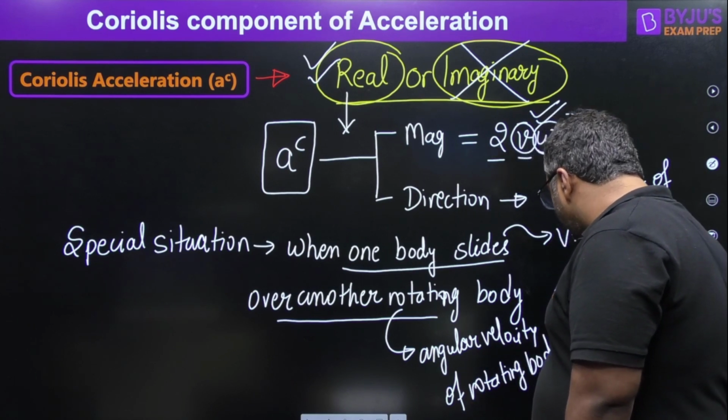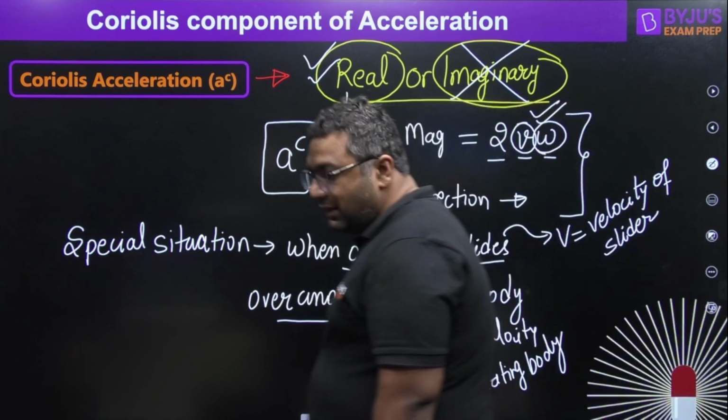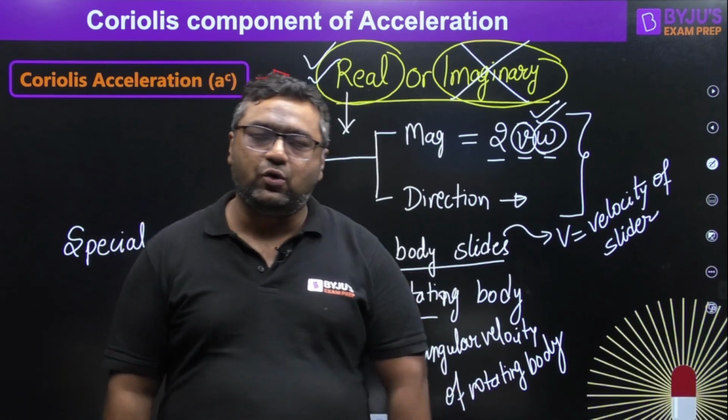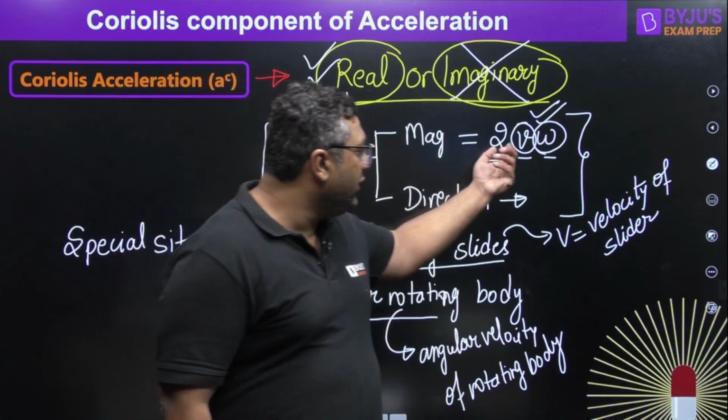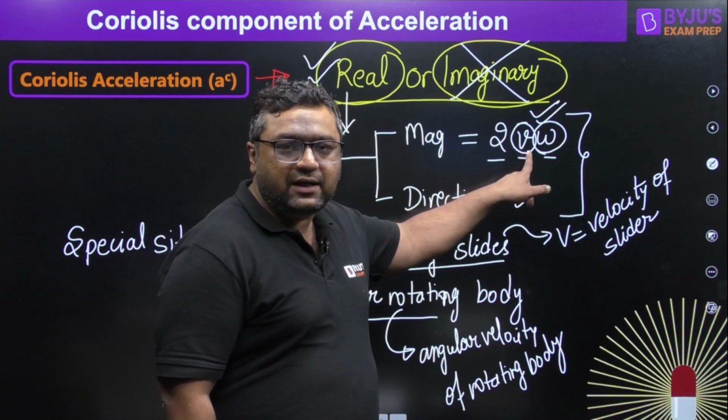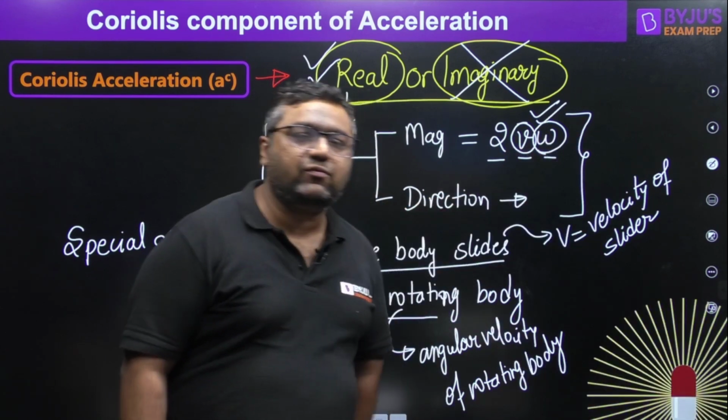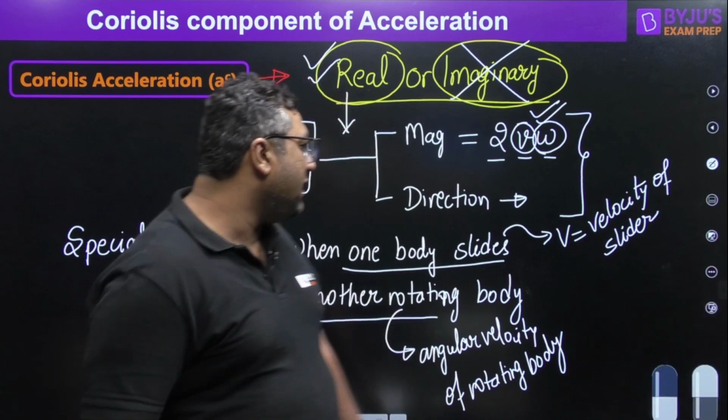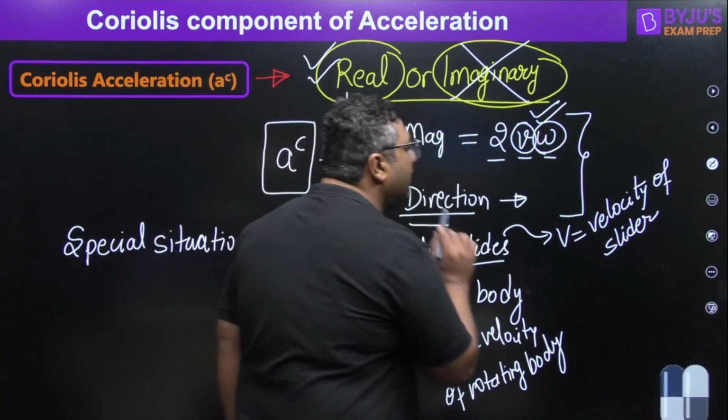So guys, now I feel you are getting what the Coriolis component of acceleration actually is. In 2 into v into omega, v is the velocity of the slider or sliding body, omega is the angular velocity of the rotating body.